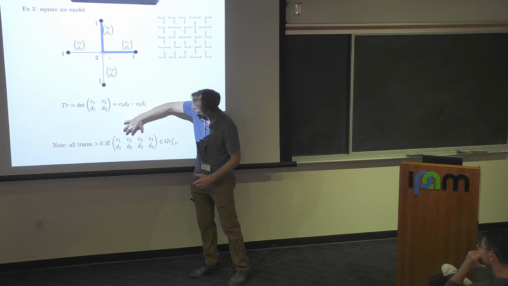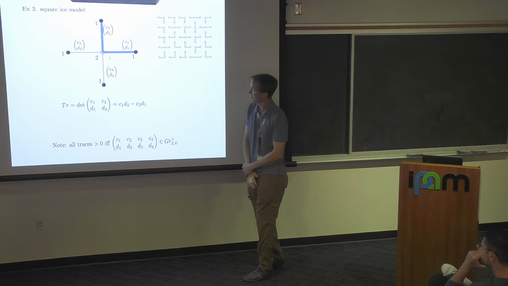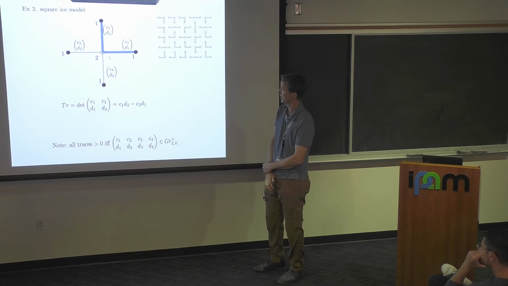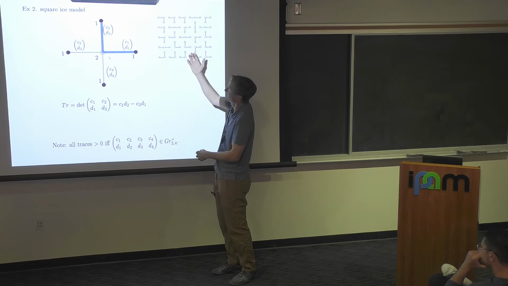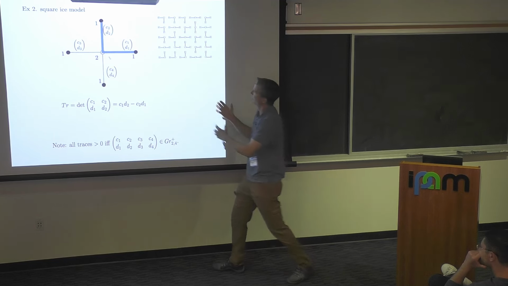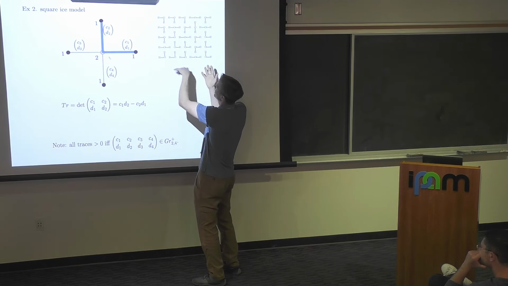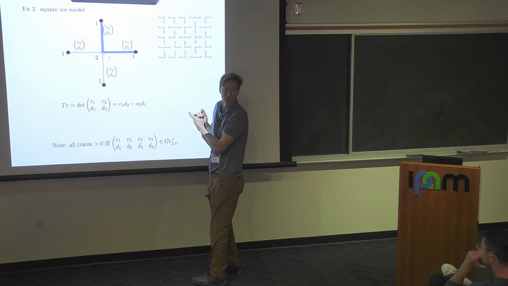What we need is that all the Plücker coordinates of this array are positive, which means that the matrix is in the totally positive Grassmannian, or at least the totally non-negative Grassmannian. That will guarantee that every configuration has a positive weight. And probably what you can see is that what I'm describing here is the free fermionic subvariety of the 6-vertex model.